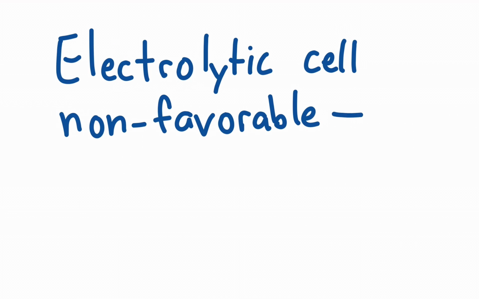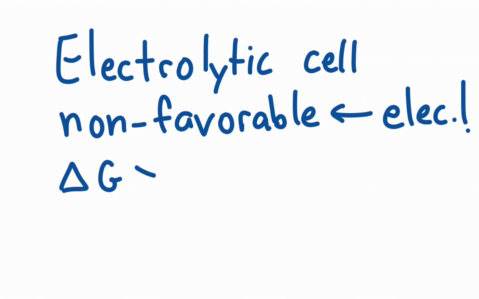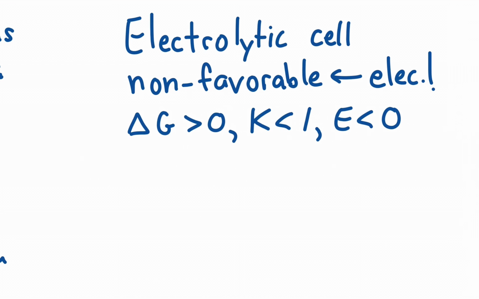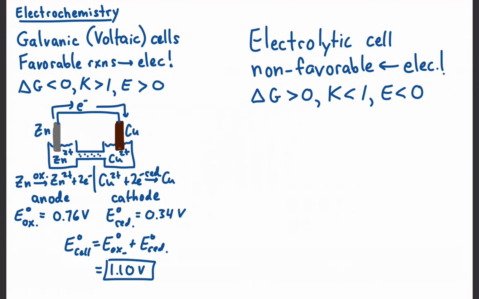So we drive a non-spontaneous reaction by giving it electricity. That means delta G for these reactions is positive, K in the direction written is small, and the electrochemical potential is negative. We force them to occur by giving them an electric power source.